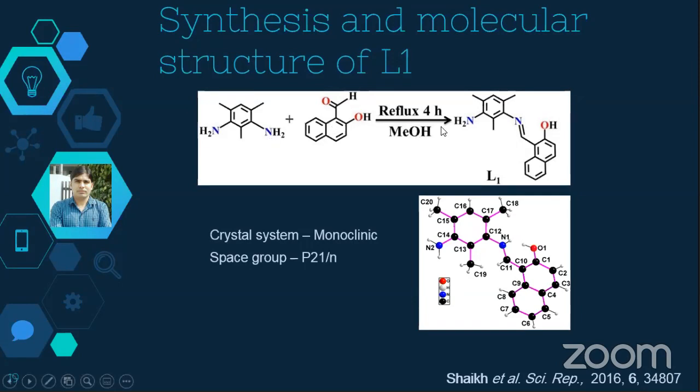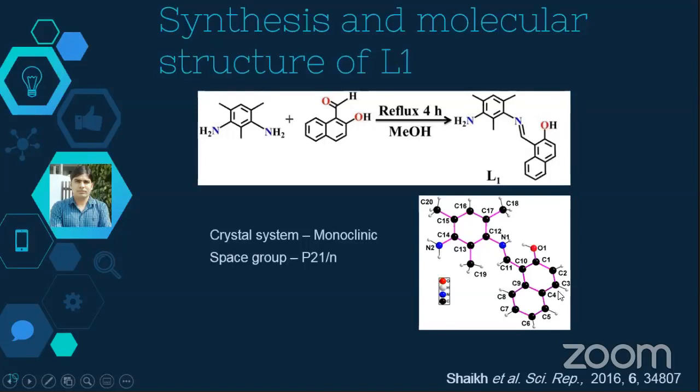And we could find this particular product, which was characterized by various means like NMR and IR, and finally we were also able to authenticate it by single crystal X-ray diffraction studies. The structure you see is from the single crystal X-ray diffraction.